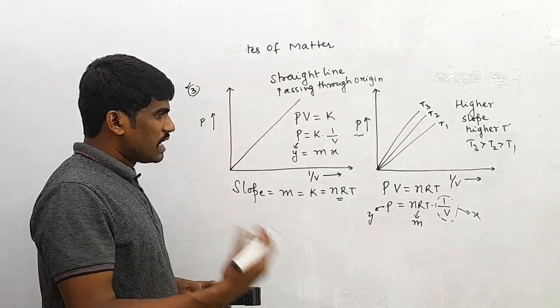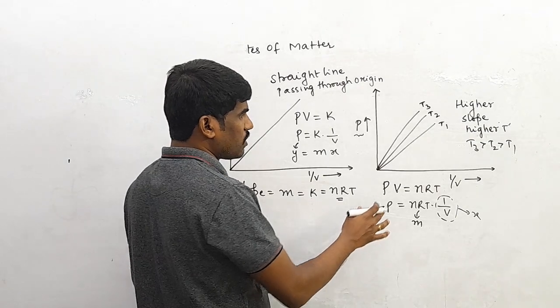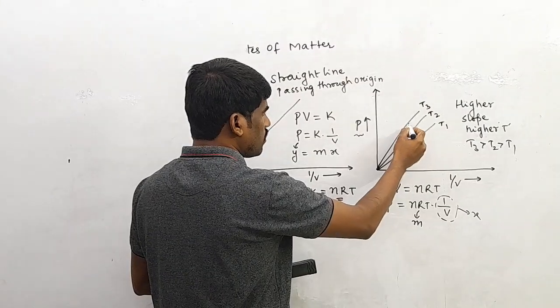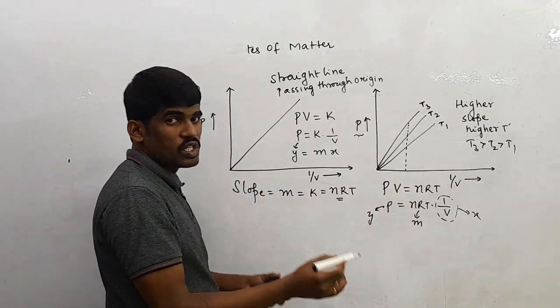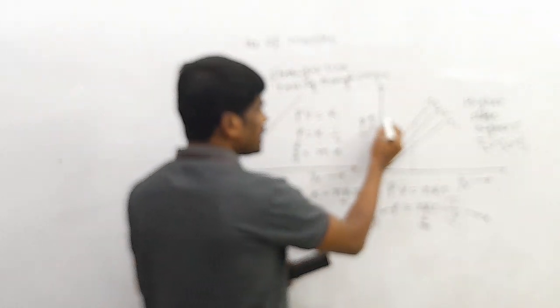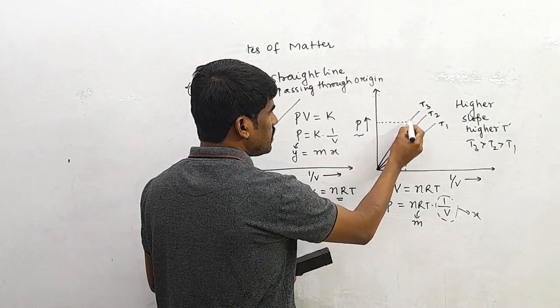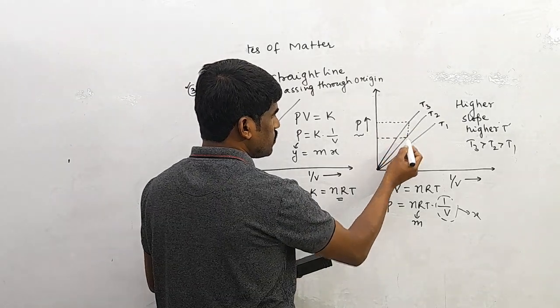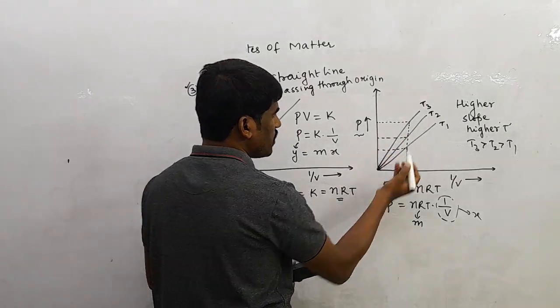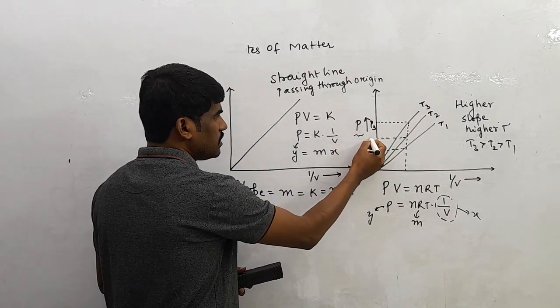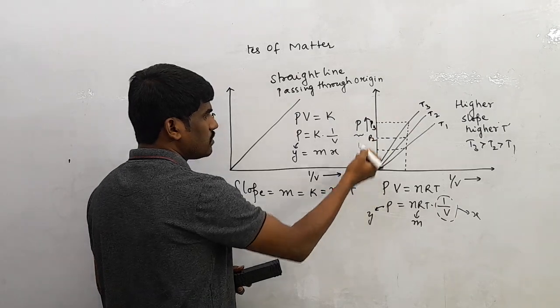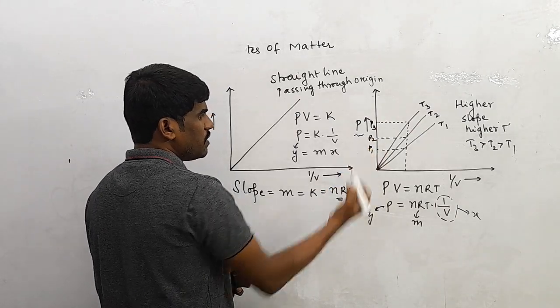In another way, the same relation, if you check, make one term constant. The term which we are going to keep constant is 1 by V. At that point, let us say it is T3, T2 and T1. So for T3 it is P3, P2 and, let us say, P1.